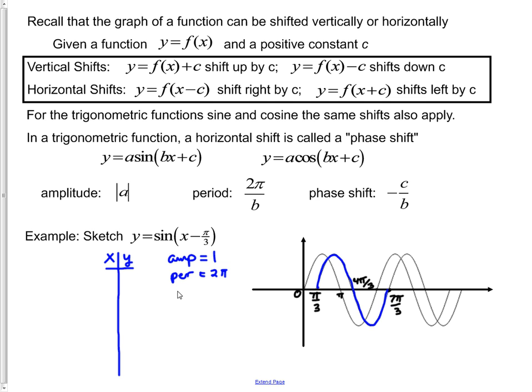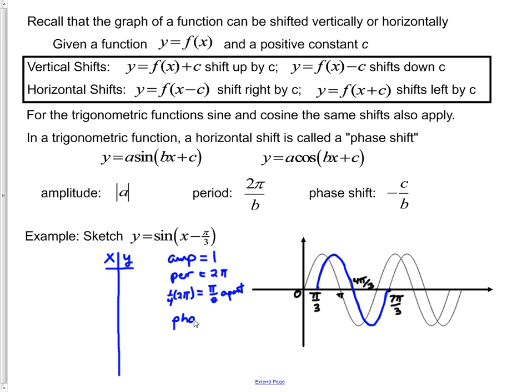In my period, when I have my normal sine function, each of my key points were pi over 2 apart, and that was 1/4 of the period apart. If you take 1/4 of the period 2 pi, my key points are pi over 2 apart. So how is that going to work out? Well, in this case, since everything is starting pi over 3 to the right, I call that my phase shift.